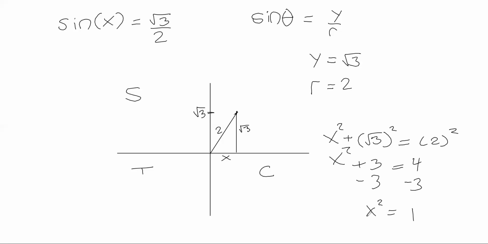So then you might notice that we get x is plus 1 and minus 1. That just corresponds to the fact that we have a triangle in quadrant 1 and a triangle in quadrant 2. If we were to draw the same triangle in quadrant 2, the measures would be all the same except x would be a negative value. So if we are in quadrant 2, then x would be negative 1. If we are in quadrant 1, x would be positive 1.